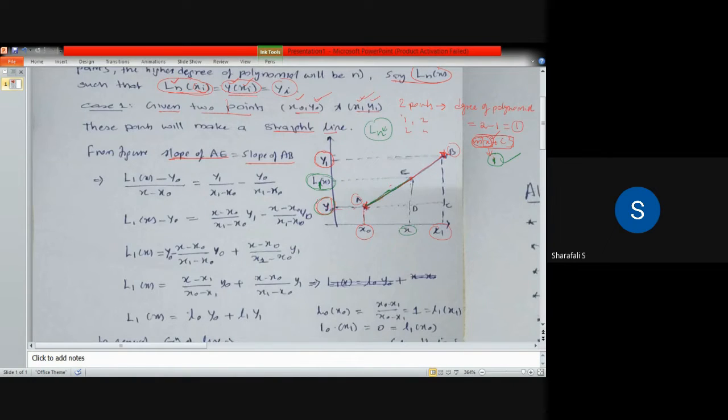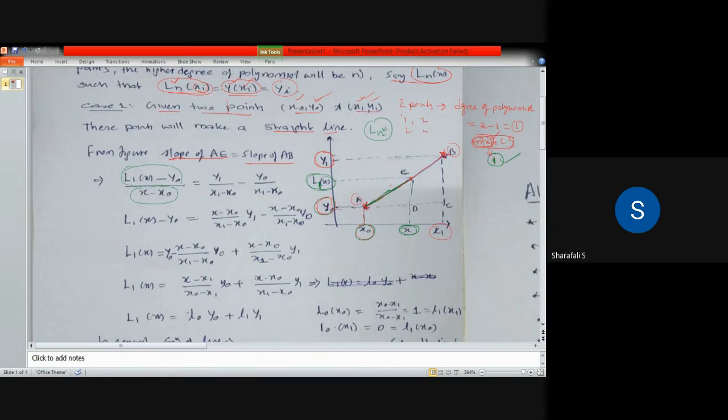And change in x is nothing but this is x and this is x0, so the change in x will be x minus x0. So what we have written here: the slope of AE is nothing but L1 of x minus y0 divided by x minus x0. That is change in y divided by change in x for that particular straight line AE.